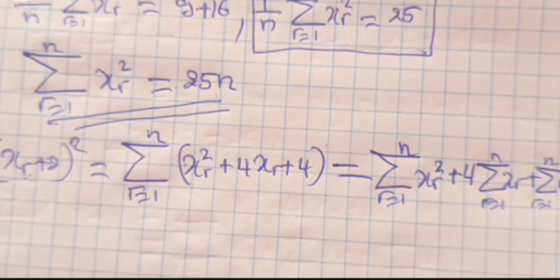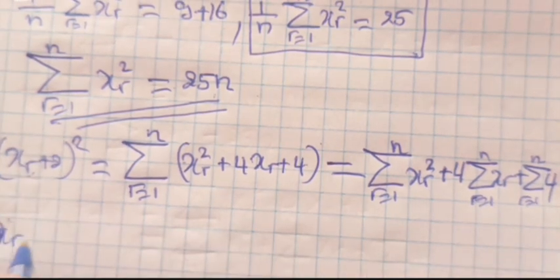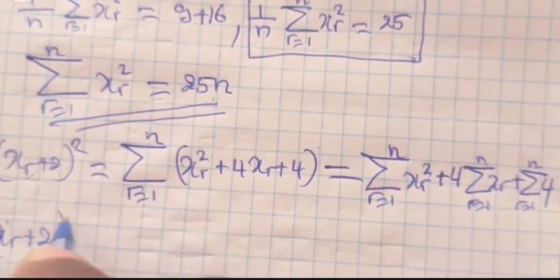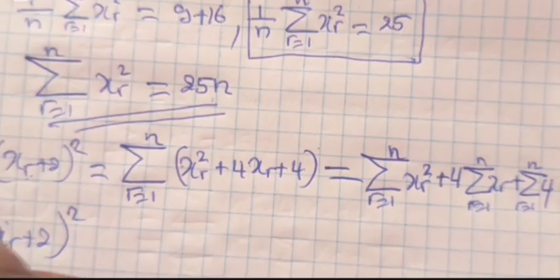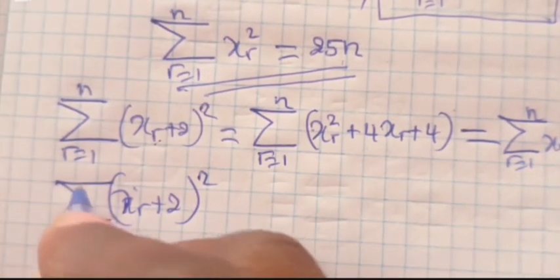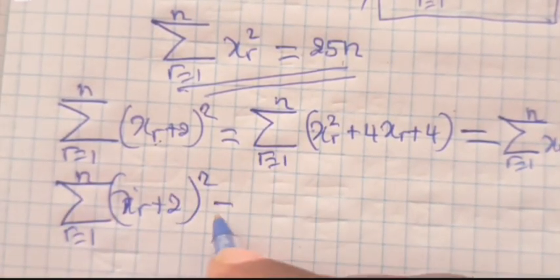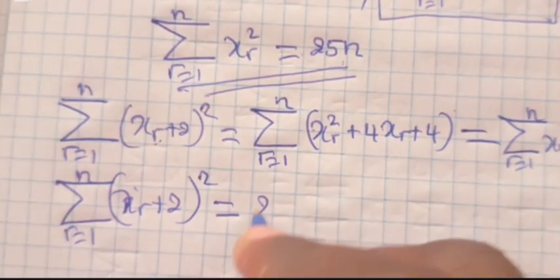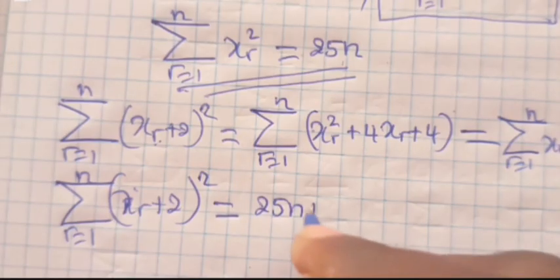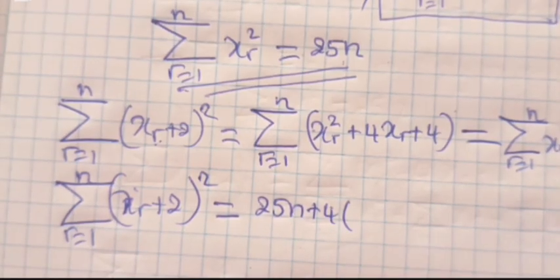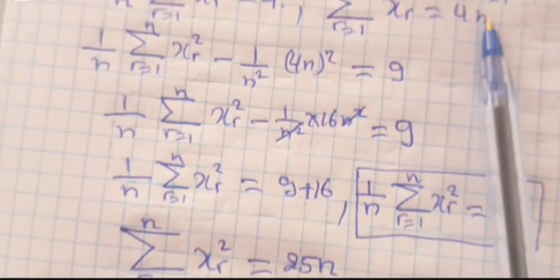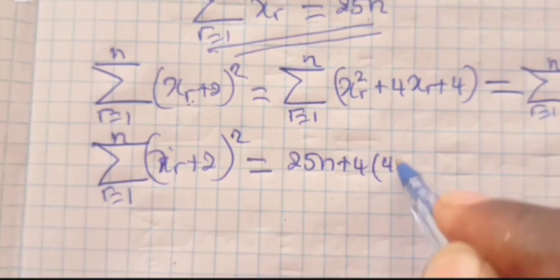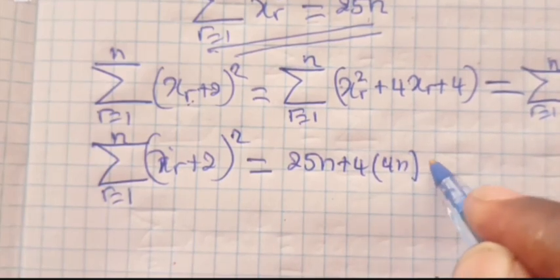Here, the sum of xr plus 2 raised to 2 as r comes from 1 to n will be equal to the sum of xr squared, which is 25n, plus 4 times the sum of xr, as we saw it's 4n. Here we need to have times 4n, plus 4.